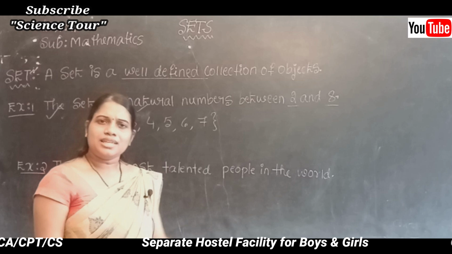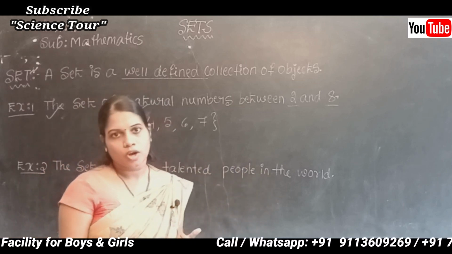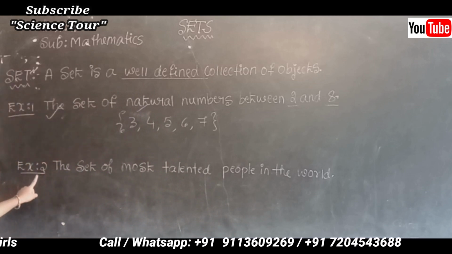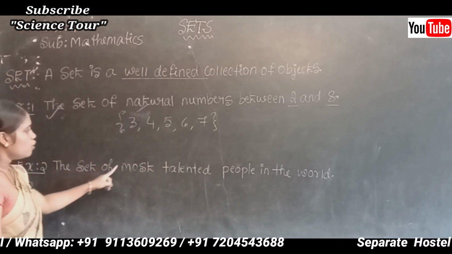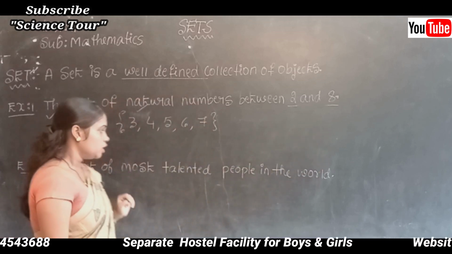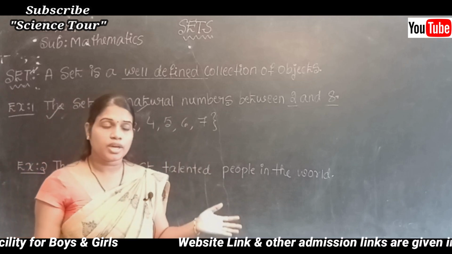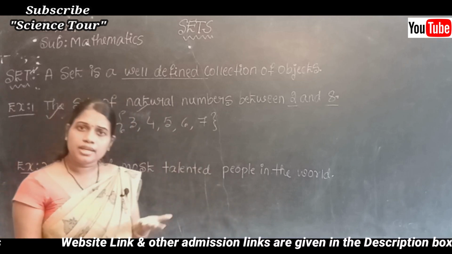Certainly we can find some collection which is not well-defined. So I'll take example 2: the set of most talented people in the world. You have to collect the people who are most talented. Is it well defined here?